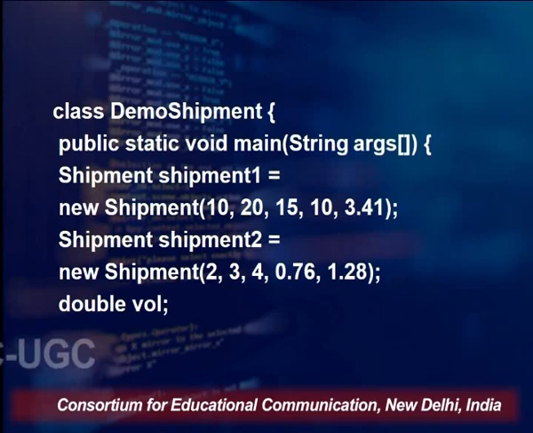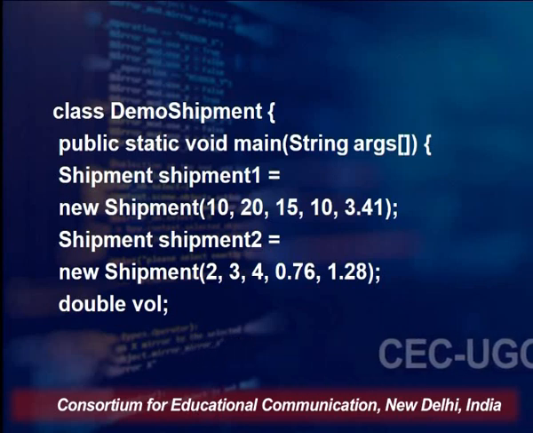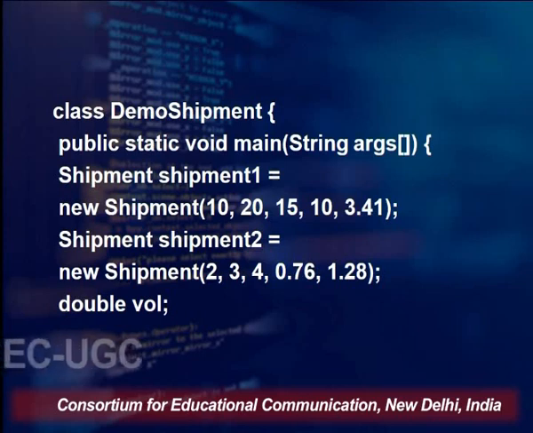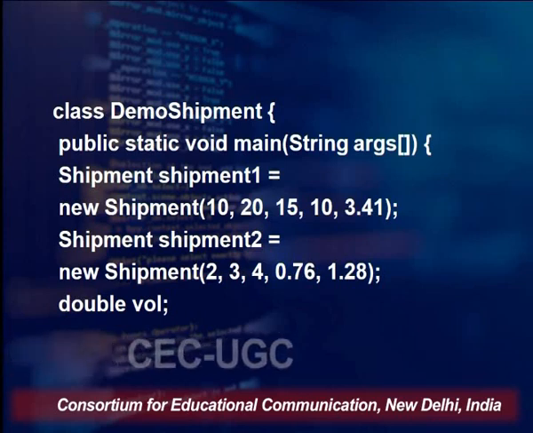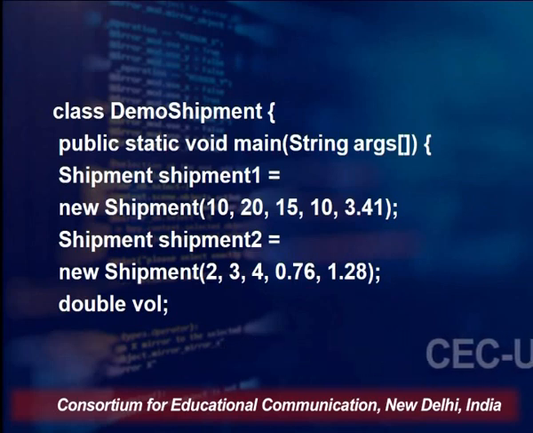So, the initial 3 variables belong to class Box, inherited by BoxWeight, and then finally inherited by the class Shipment also.